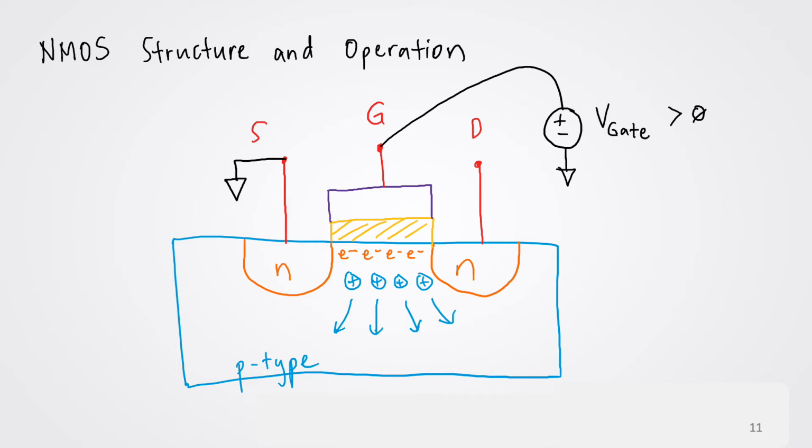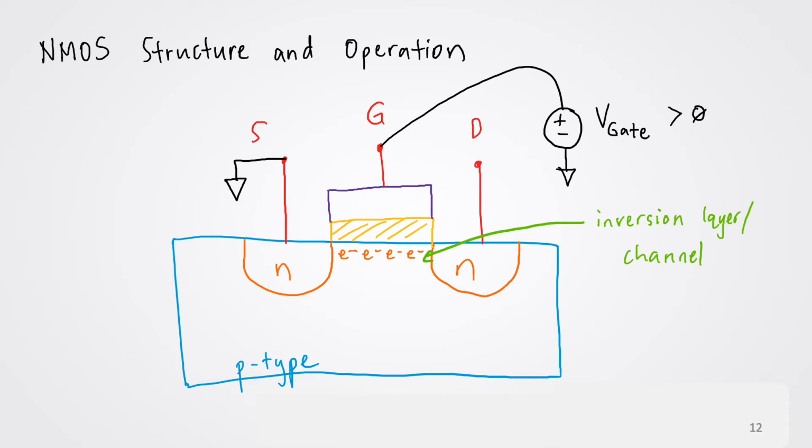This region of electrons under the oxide is what we call the inversion layer, or the channel. So the application of a vertical field via a positive gate voltage allows the formation of the channel under the oxide.